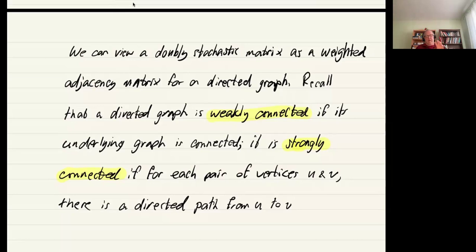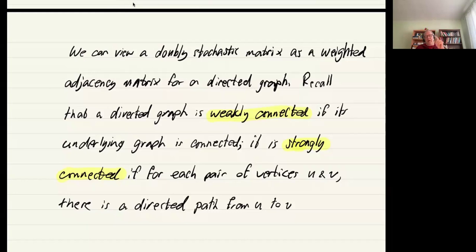Now, for directed graphs there are two notions of connectedness. One is that the directed graph is weakly connected if the underlying graph, where you ignore the directions and put in the opposite of each arc that's not already there, is connected. So if you've got two vertices A and B, it is possible to get from A to B, although it may not be possible to get back again.